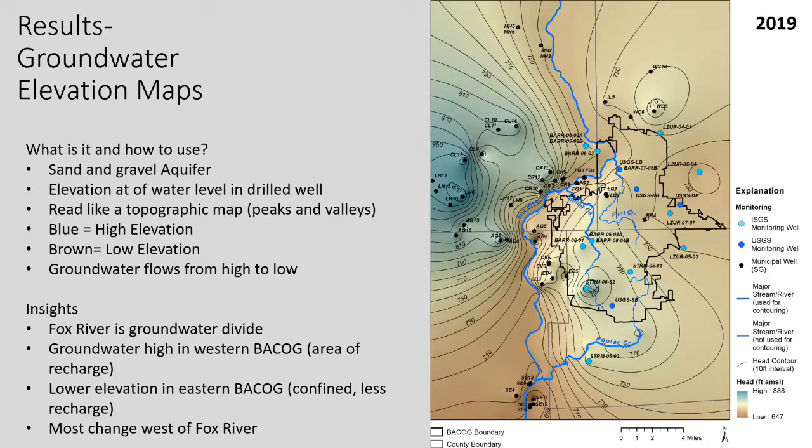Well, on the side it says blue equals high elevation, brown equals low elevation. What does that mean? Sorry, the blue shading. Oh, okay. I was looking at blue dots and I thought my screen color was off. Sorry. Okay, so you mean the color of the background there. Yes.